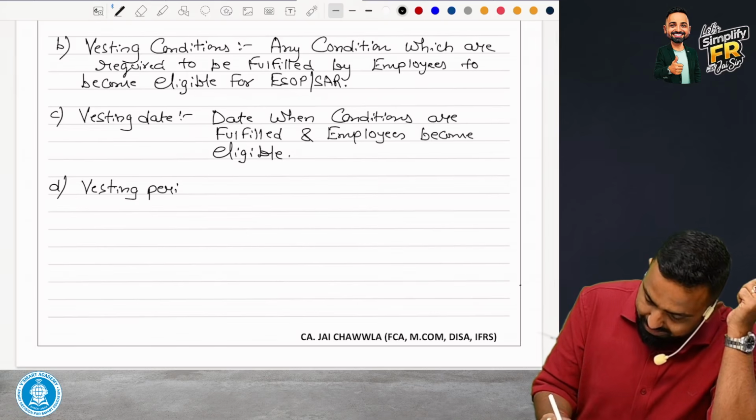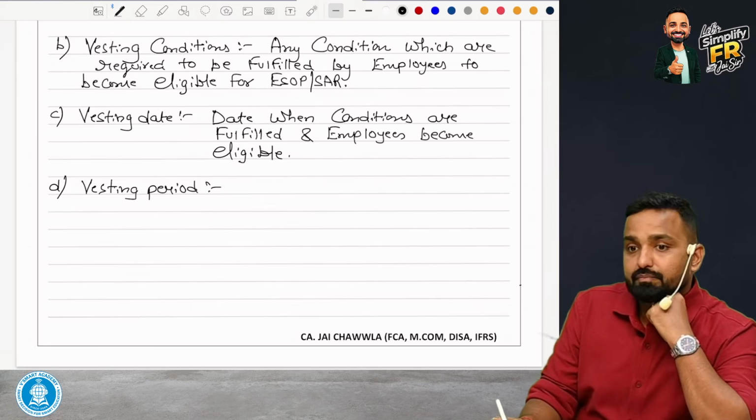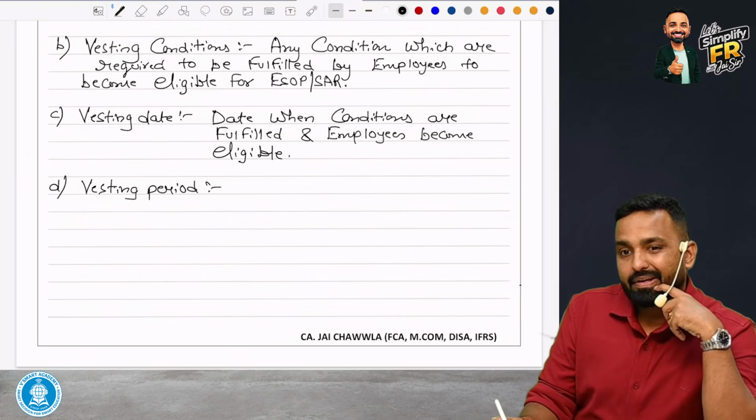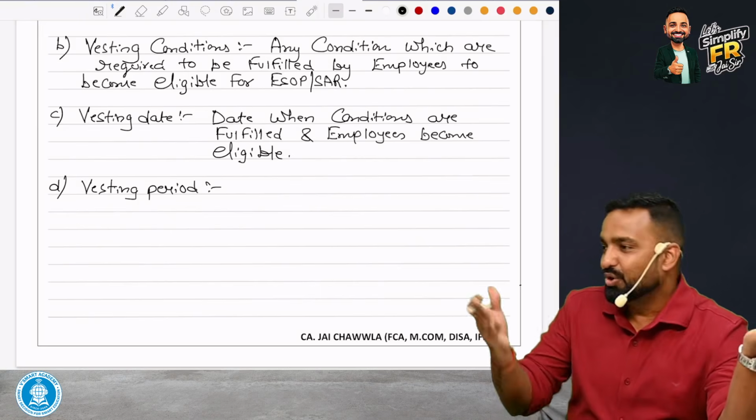Vesting period. Yes, you tell. The time period between grant date to vesting date.